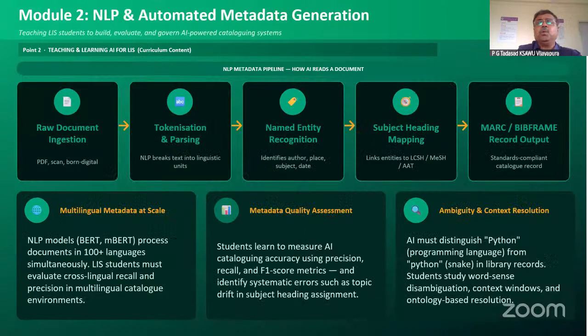And the second module has to concentrate on NLP, natural language processing and automated metadata generation. So now you can see the natural language processing metadata pipeline, how AI reads a document.